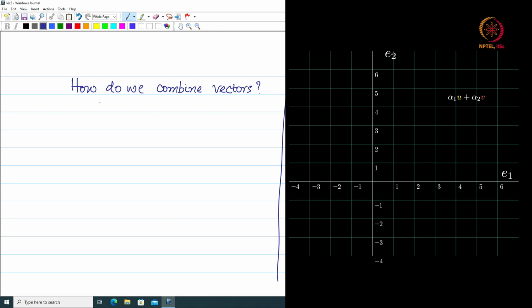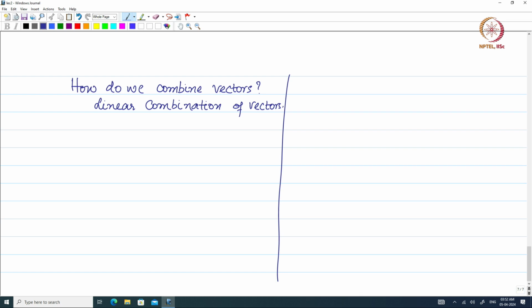We look at the idea of linear combinations of vectors, and we move on to the ideas of dot product and the angle between vectors and so on. Thank you.